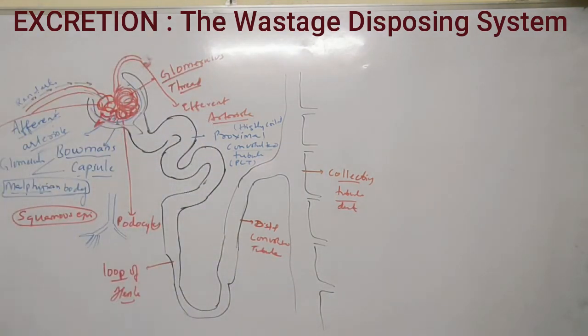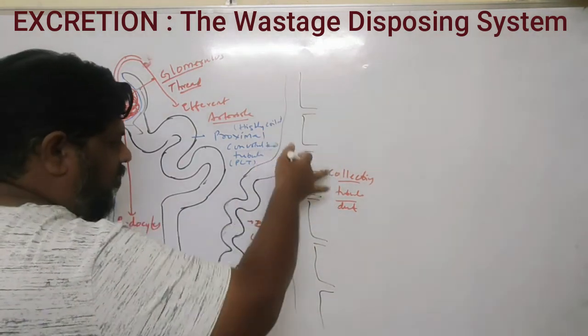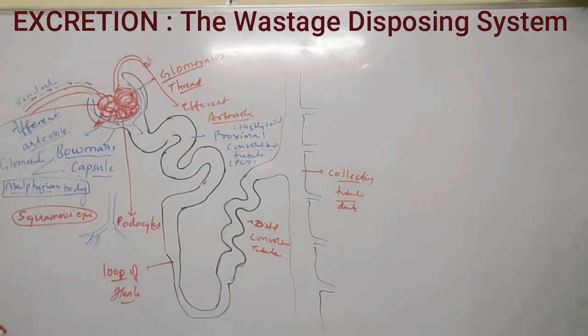Okay, children, so you can see here, this is the distal convoluted tubule and this one is called the collecting tubule. Now, apart from this, I'm going to tell you about one more thing here. Now don't make it a big mess.